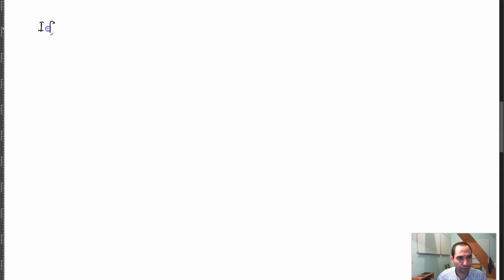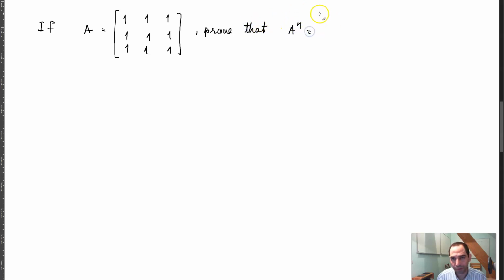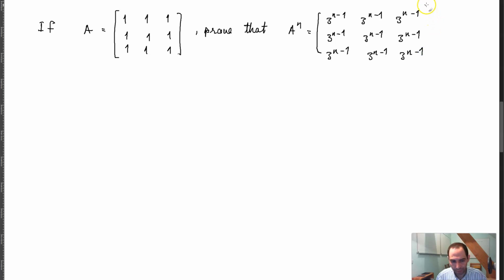The question is, if A is equal to the matrix 1 1 1, 1 1 1, and 1 1 1, then you want to prove that A raised to the power n is equal to this matrix, where every element is 3 raised to the power n minus 1. And that is basically what we want to prove.